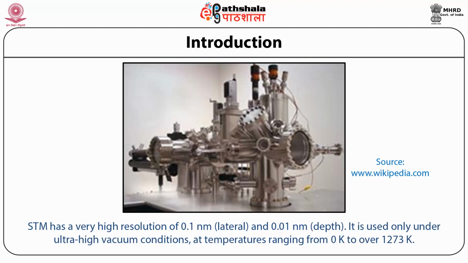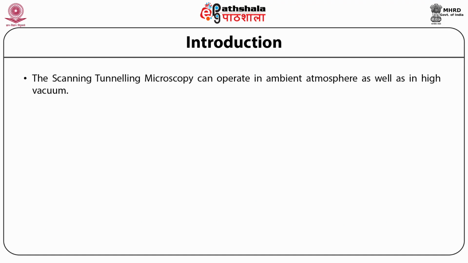Vacuum tunneling of electrons from tip to sample can take place even if the region surrounding the tip is not a vacuum but is filled with molecules of gas or liquids, with a tip sample spacing as small as 5 angstroms. There is little room for molecules even though they may exist in the surrounding atmosphere. The scanning tunneling microscope can operate in ambient atmosphere as well as in high vacuum.